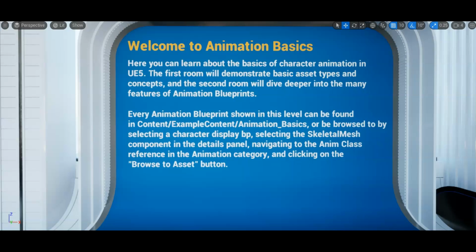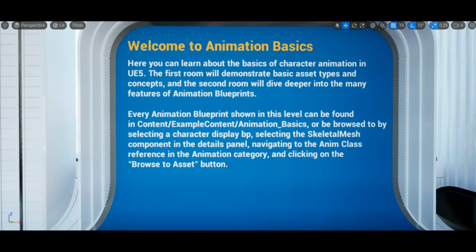Welcome to Animation Basics. Here, you can learn about the basics of character animation in Unreal Engine 5. The first room will demonstrate basic asset types and concepts, and the second room will dive deeper into the many features of animation blueprints.